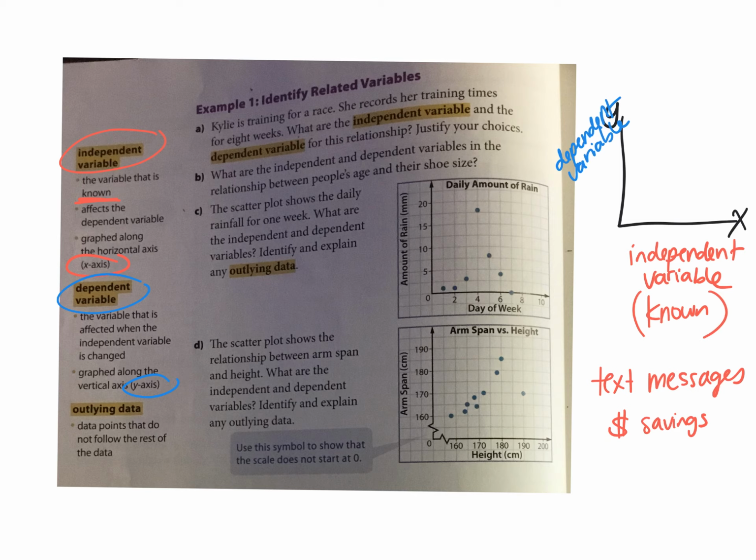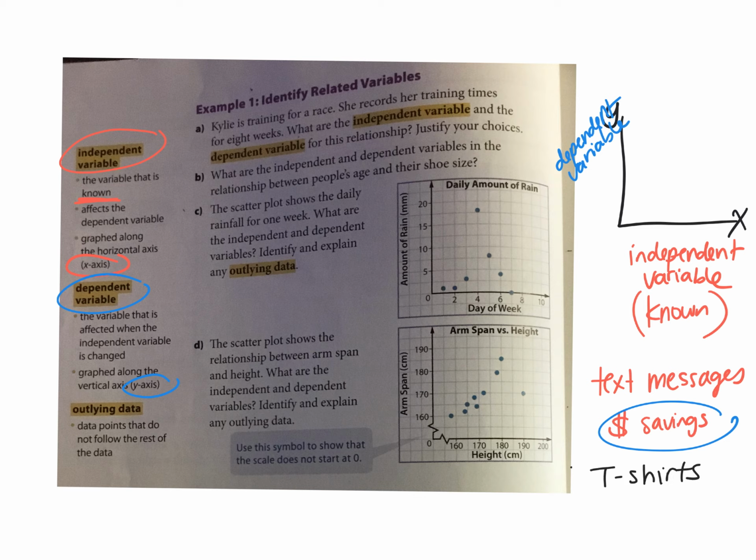Okay, think about it. The savings depends on how many text messages you're sending, remember? How much I save depends on the number of messages, right? Does that make sense?